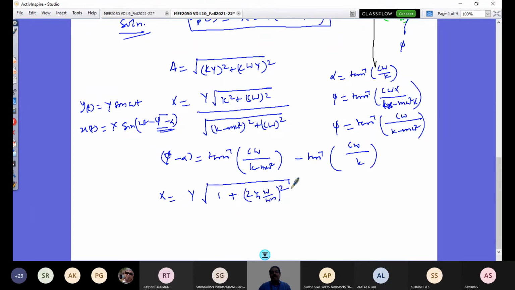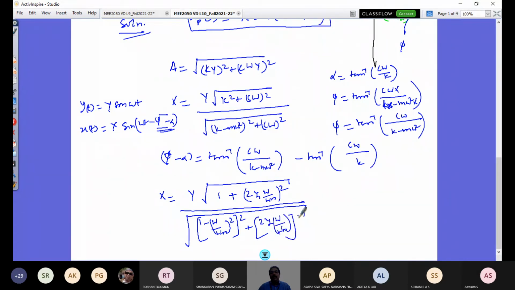So that's going to be that square divided by, and here when I introduce k inside, it's going to be 1 minus this, so 1 minus omega by omega n whole square into square. This is all under radical sign, plus C omega by k, that's again 2 zeta omega by omega n whole square. So that's my x.